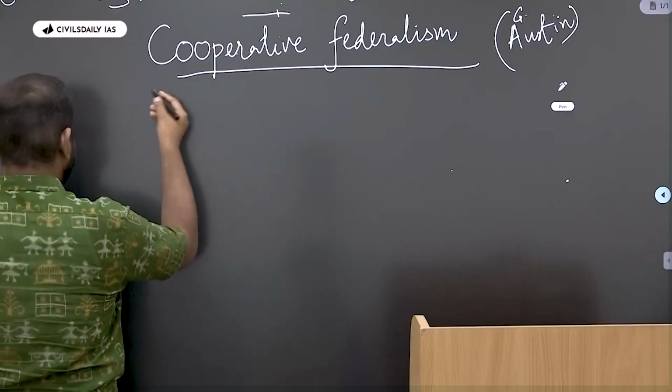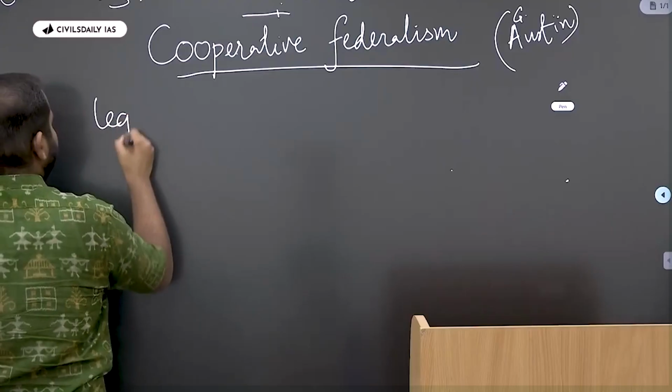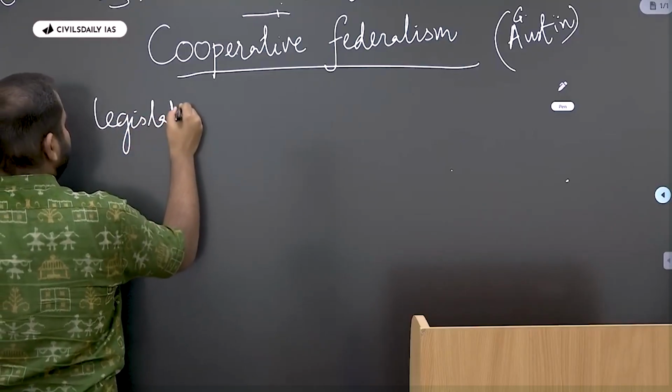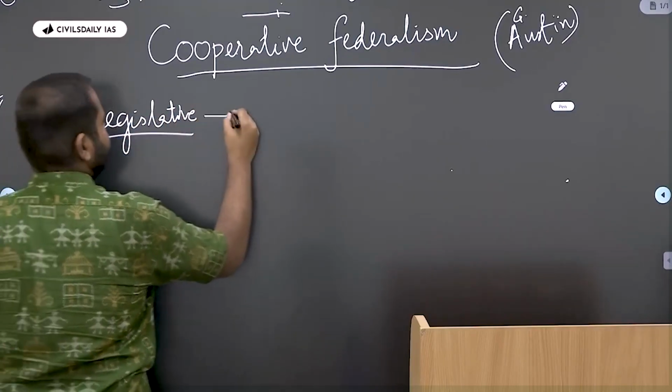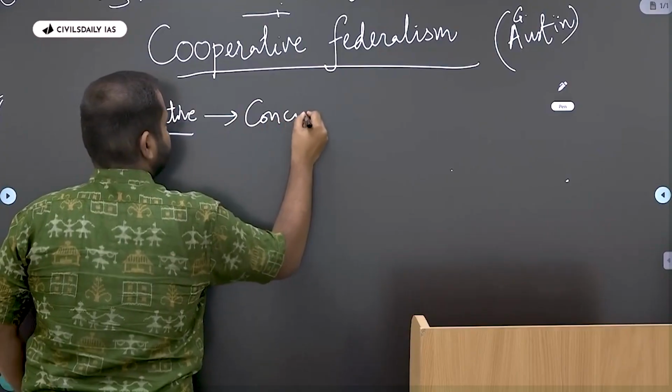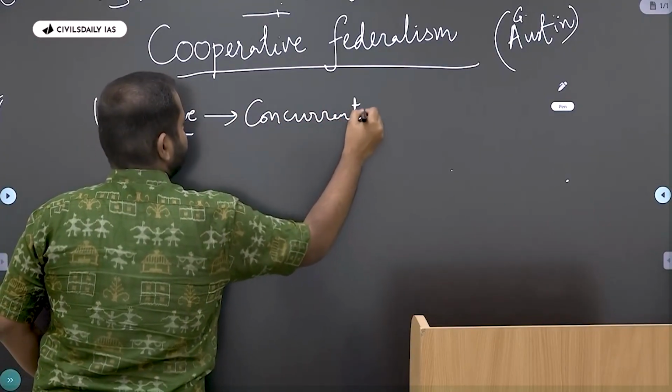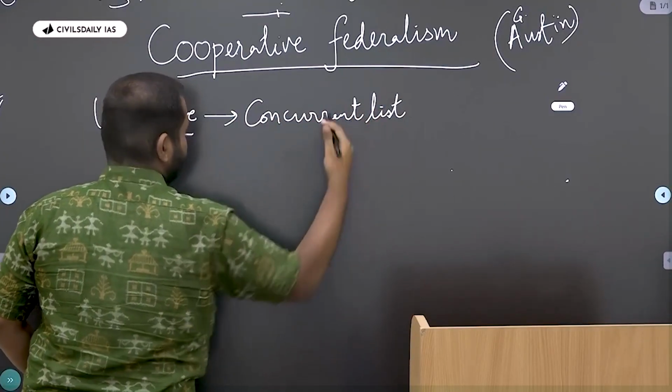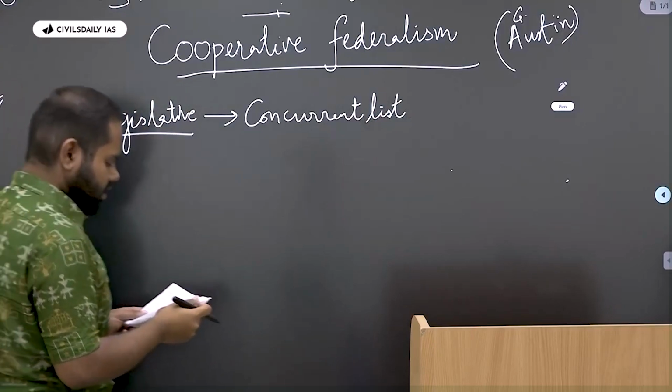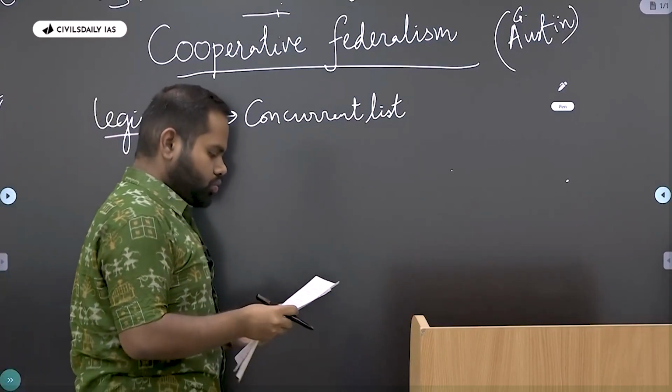But again, cooperative federalism, if you talk from a legislative point of view, you have the concurrent list, where both the state and center have the power to make laws.